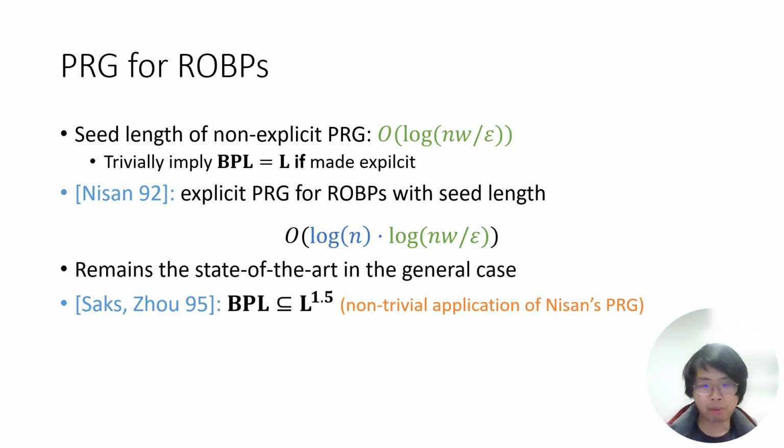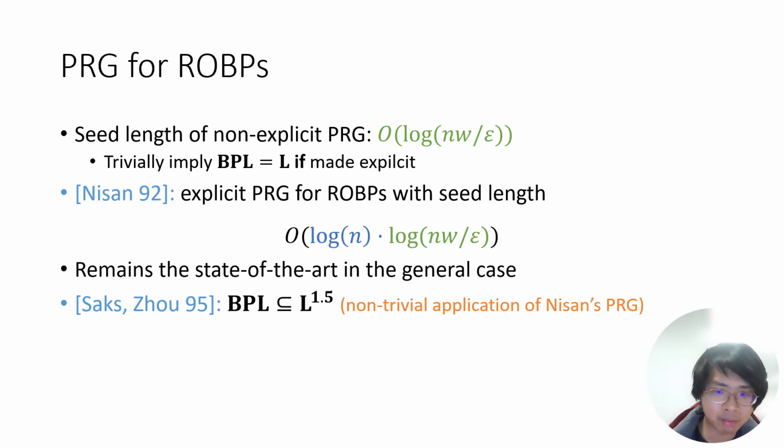By the probabilistic method, we can show that there exists a PRG with seed length O(log(nW/epsilon)), but this is non-explicit, so it does not really imply any derandomization results. If we can make the PRG explicit and keep the seed length, then this will trivially imply BPL equals L, but unfortunately we don't know how to do this.